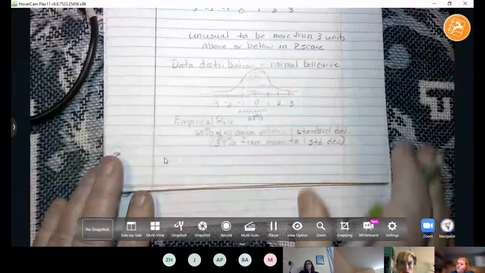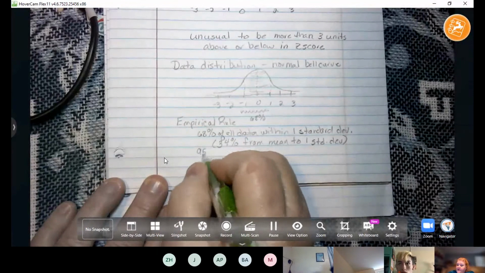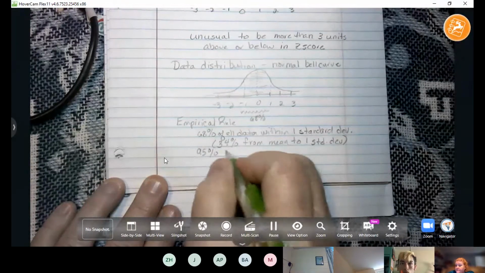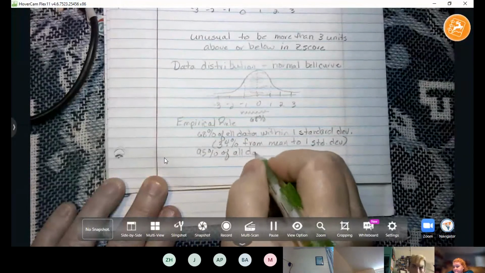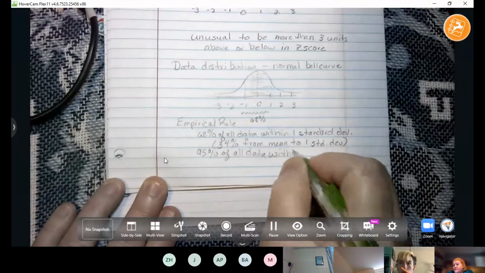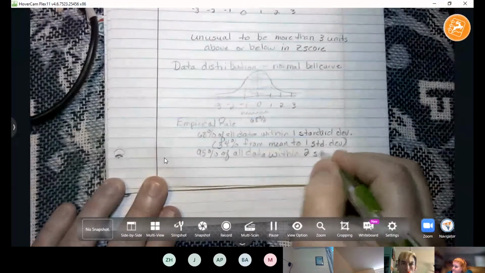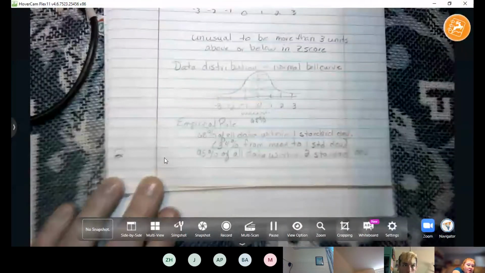Okay, the empirical rule also says that 95% of all data is within 2 standard deviations. So that means we go out a little bit more.